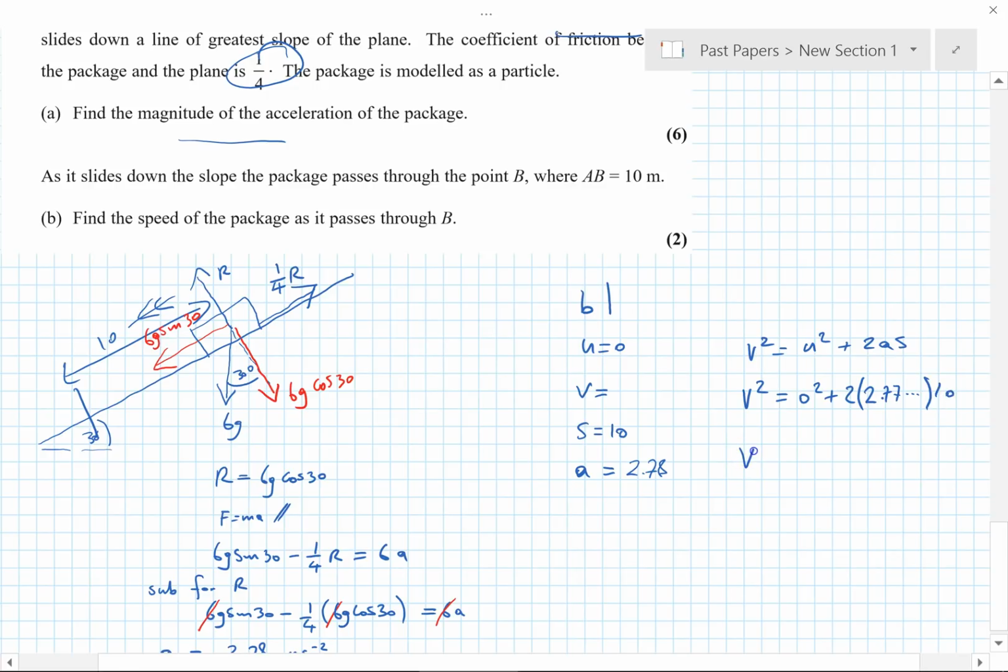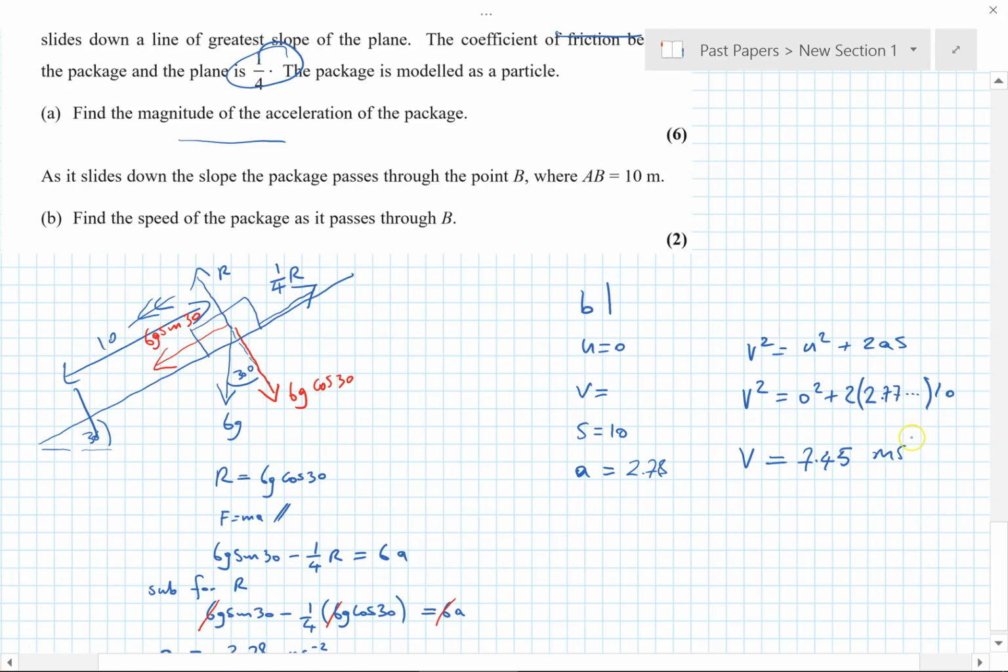And when we work that out, it gives us an answer of 7.45 to 3 significant figures, or to 2 significant figures, the actual answer comes to 7.5, which is also okay, of course.